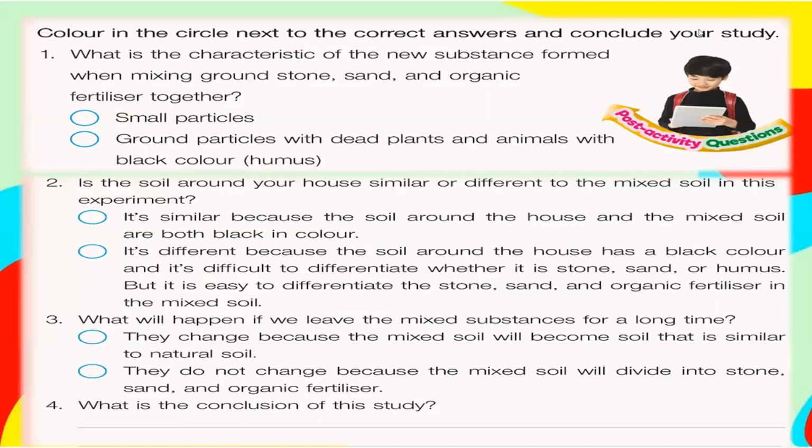Question number 1: what is the characteristic of the substance formed when mixing ground stone, sand, and organic fertilizer? So what do we observe, what is the new substance? Is it small particles, or is it ground particles with dead plants and animals with black color, humus?